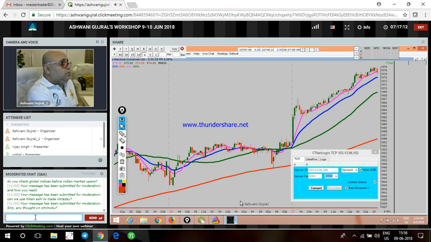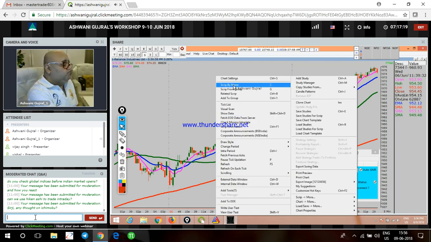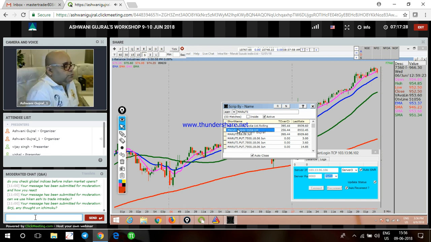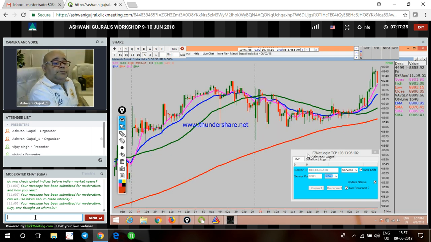Okay, there is one request of checking the Maruti chart. Let's see. See now here, big green bar almost from 200.